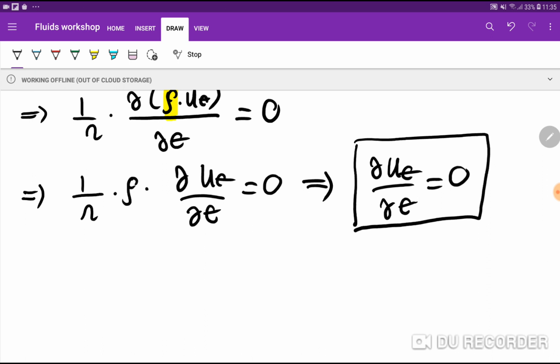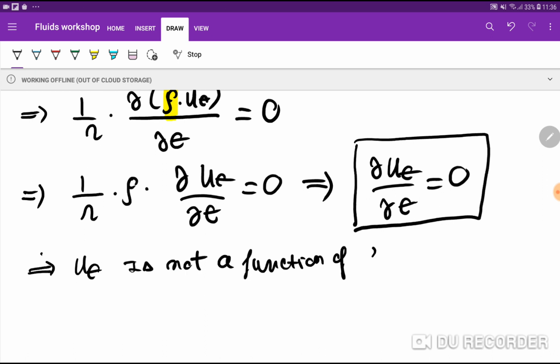But what is the physical interpretation of this? Well, it means that u_theta is not a function of theta. It's like when you have dy over dx equals 0, y is not a function of x. So we can interpret that u_theta is not a function of theta.